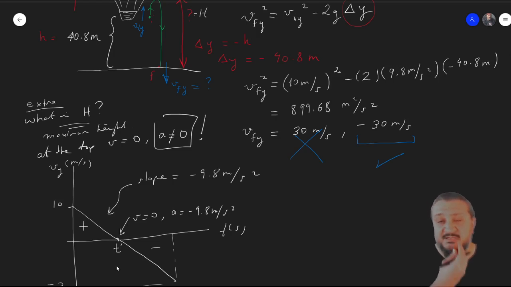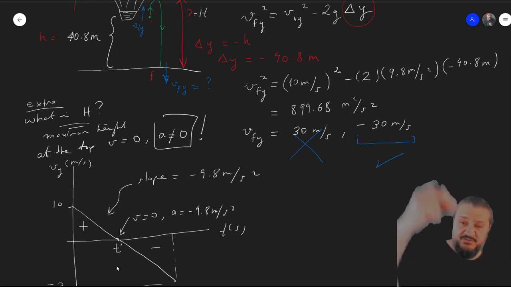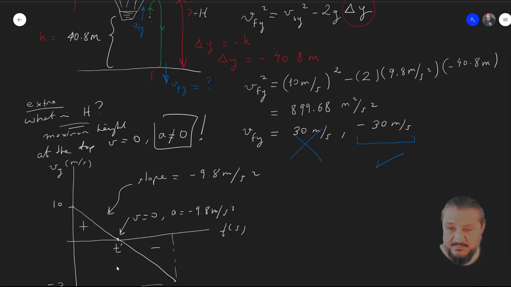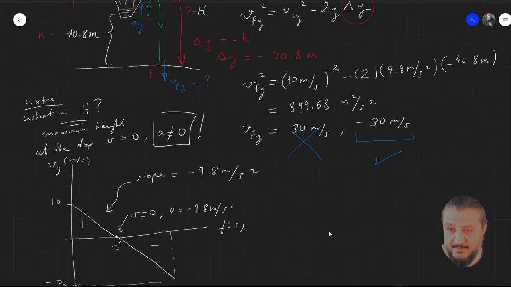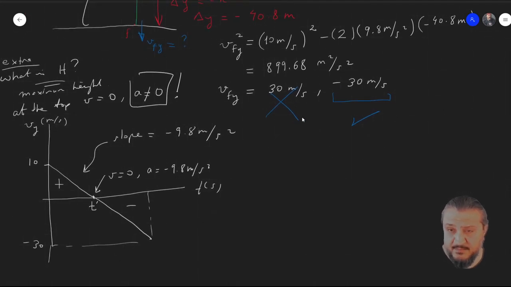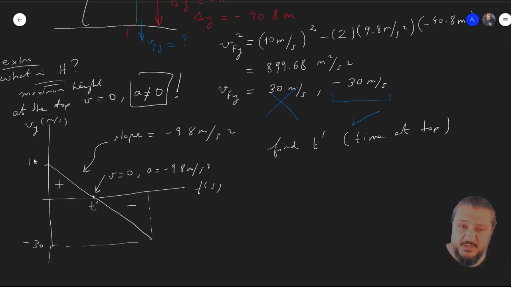Okay, t prime is when the object reaches maximum height. Let's find it. Find t prime, meaning time at the top. Now, initial velocity is known, final velocity is also known.